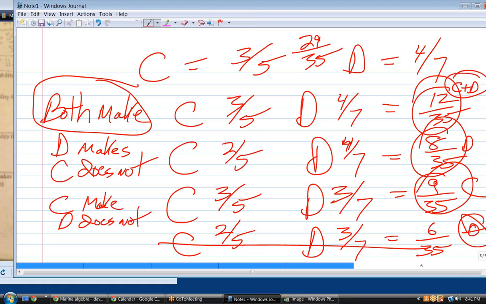Probability that C makes it, given that at least one fish made it. Yeah. Well, let's see. Hold on a moment.